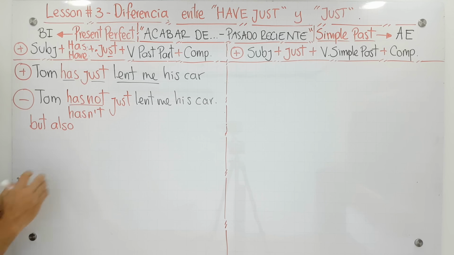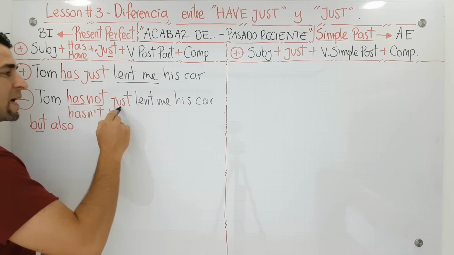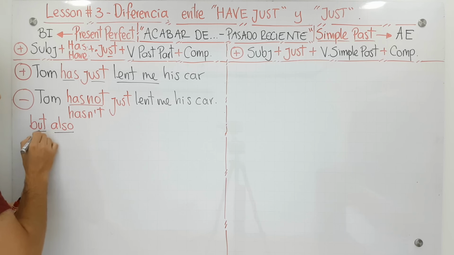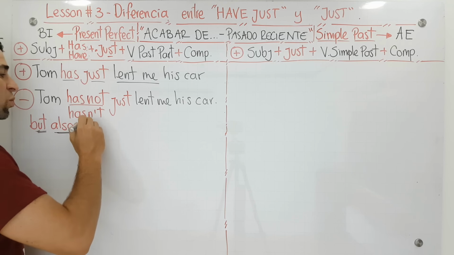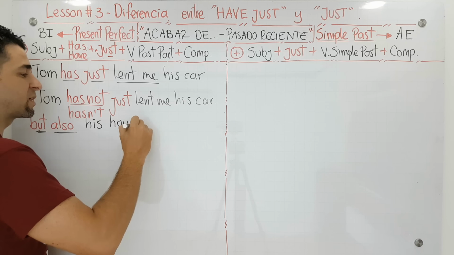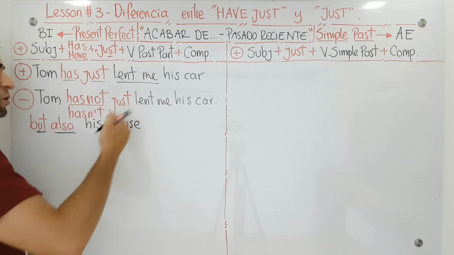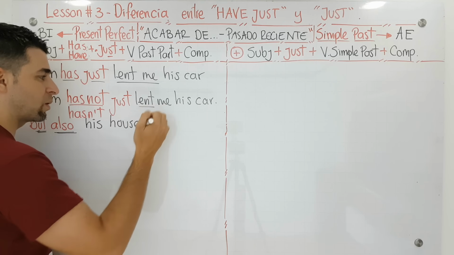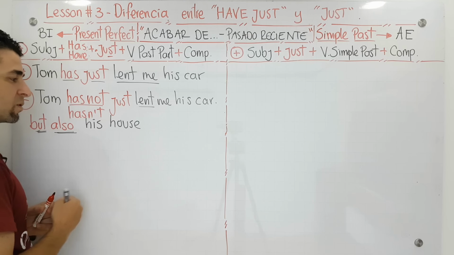Entonces, ¿cómo quedaría nuestra oración con este but also? Vamos a analizar. Tom no solo me acaba de prestar su carro, sino que también su casa. Entonces vamos a colocar su casa, his house. Mira entonces que con este verbo aprovecho para hablar de dos cosas que se van a prestar. Es el mismo verbo que se está trabajando para estas dos. ¿Sí?